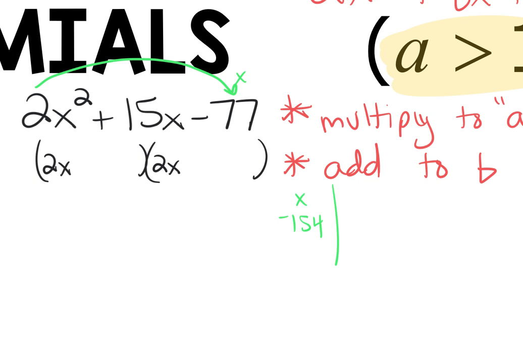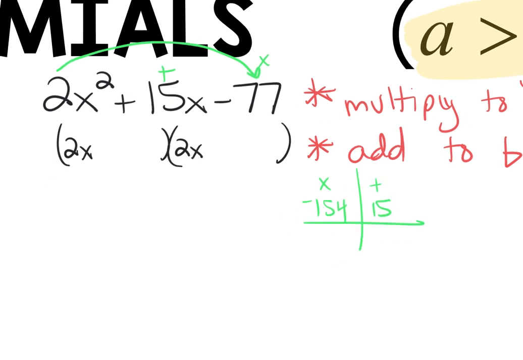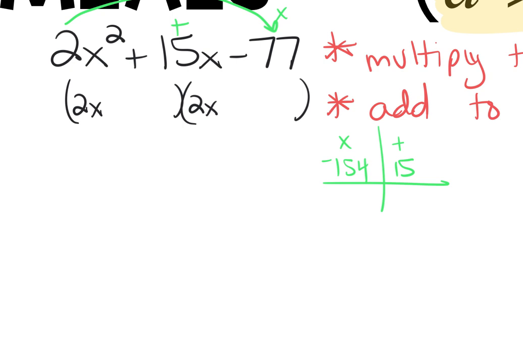Off the top of my head, I have no clue of the things that multiply to be -154. They have to add up to be B. That means I'm adding to 15. This is the part, guys, where it's trial and error in your calculator. You've got to do 154 divided by 4, 154 divided by 6, and you got to try to see what you can find that goes into it. So take a moment. I want you to try that.